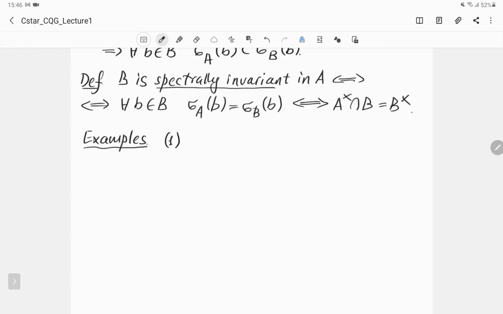For example, for each topological space, we have already seen that C of X, the algebra of continuous functions, is spectrally invariant in the algebra of all functions on X.